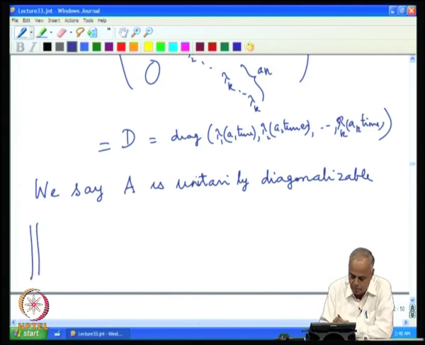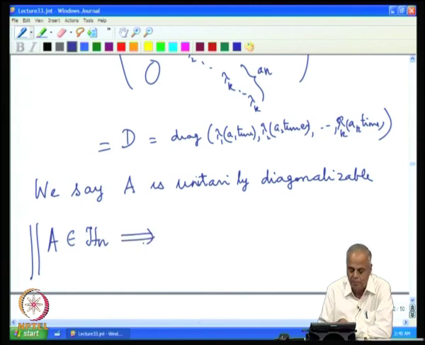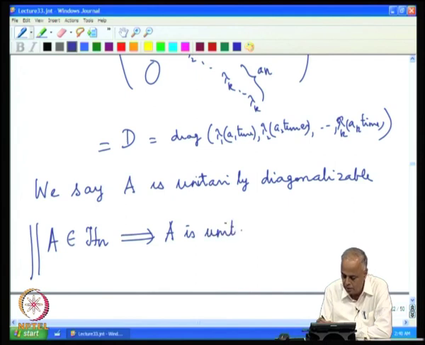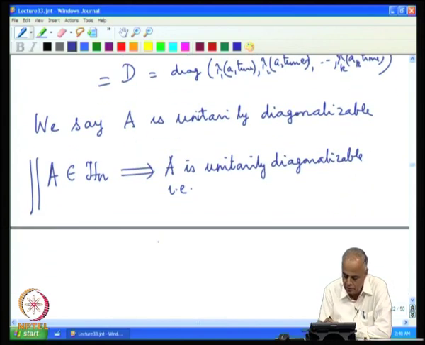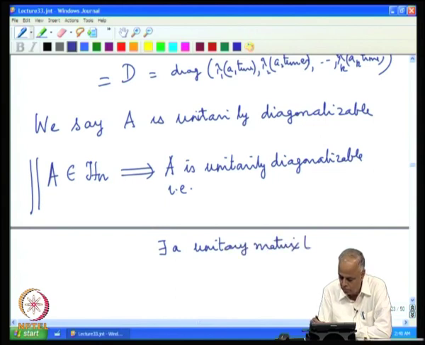Therefore, A belongs to H n, that is A is a Hermitian matrix, implies A is unitarily diagonalizable. That is, there exists a unitary matrix U such that U star A U equals a diagonal matrix.